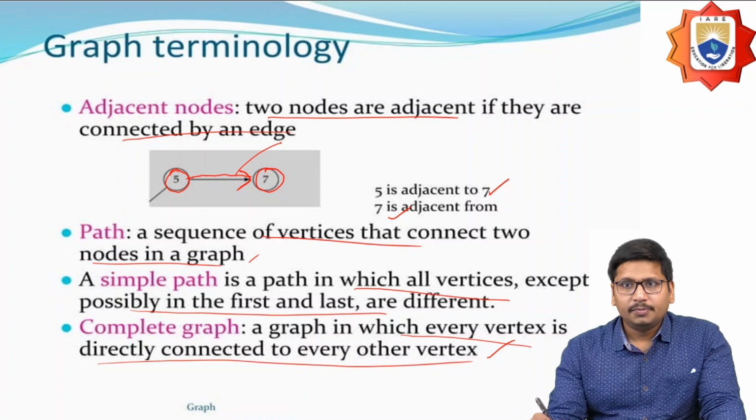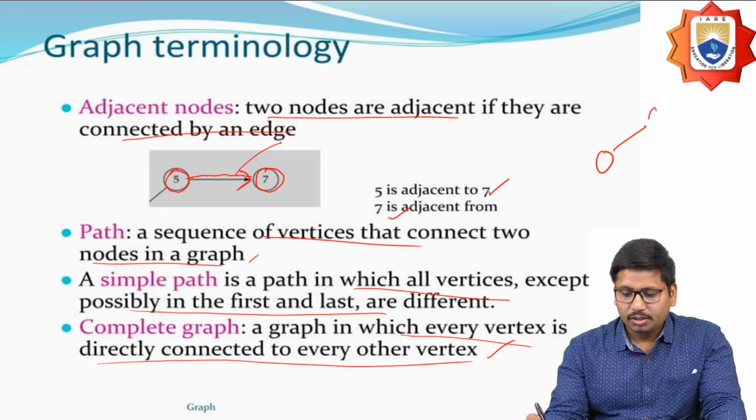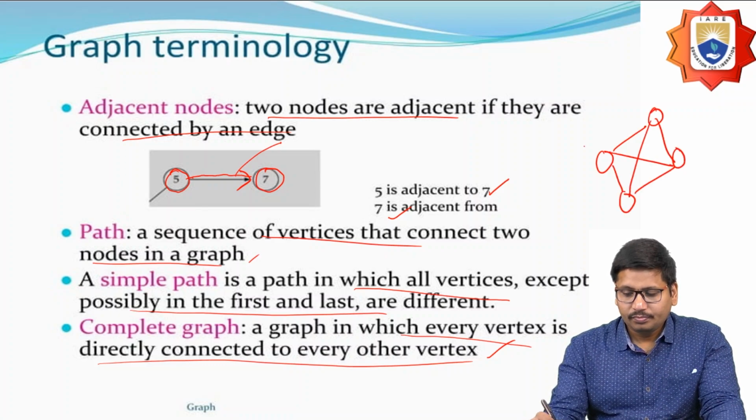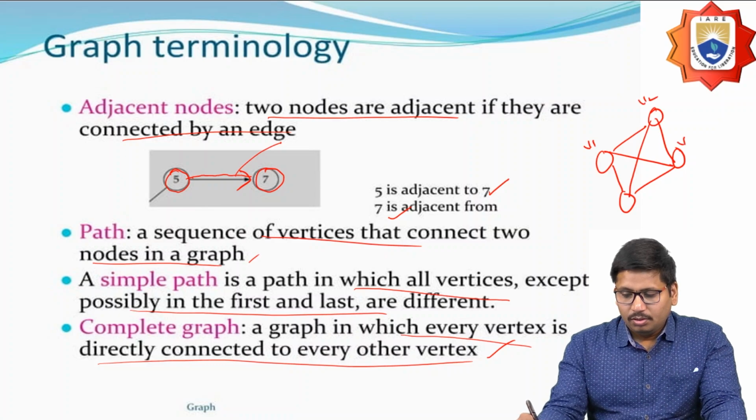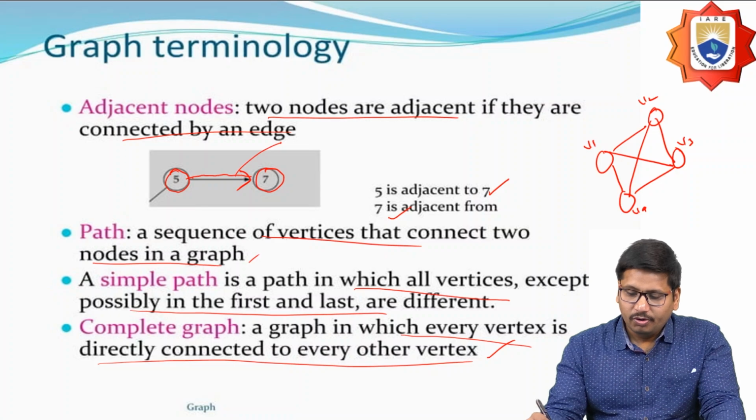So if I consider a graph here, what is the path to reach from V1 to V4? Directly I can go, otherwise I can go this way, or I can come this way.